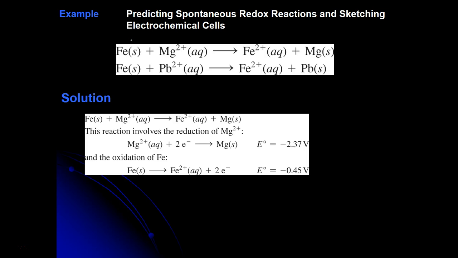Now take a look at iron. That's the oxidation of iron. It's negative, which means it really does not want to occur as an oxidation. In fact, it wants to occur as a reduction. You see that negative sign for the iron oxidation; remember, we can flip it around and we'd get the reduction potential.